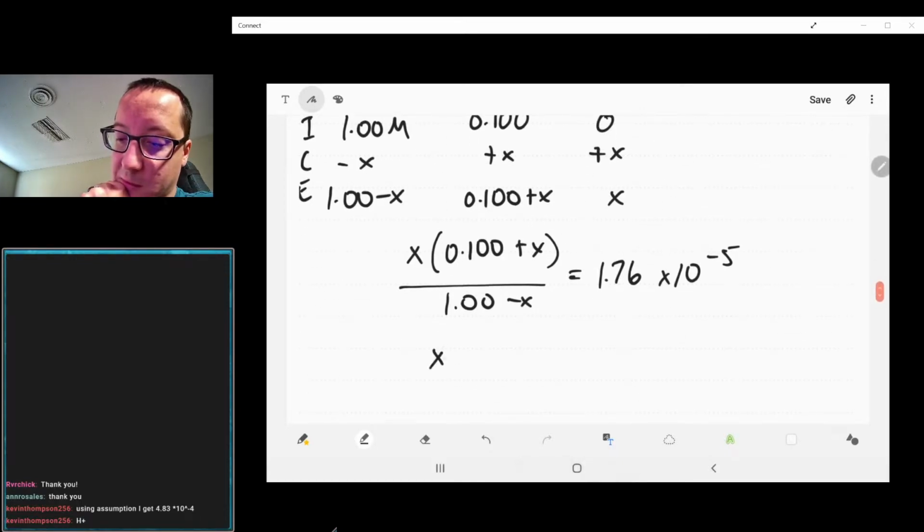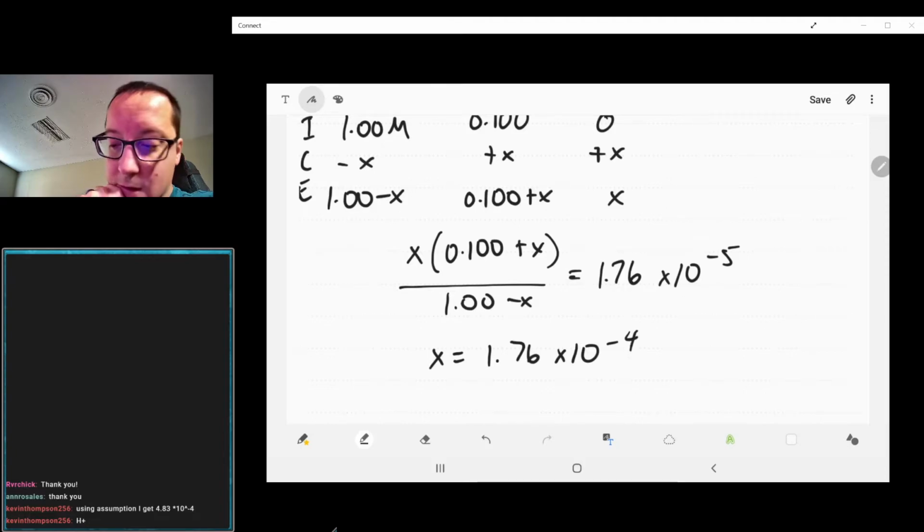So x will be equal to 1.76 times 10 to the negative 4. So with the assumption we get that, and that is definitely less than 1% of 1, or less than 5% of 1, so we're okay there. So with that in mind, we can use this assumption.